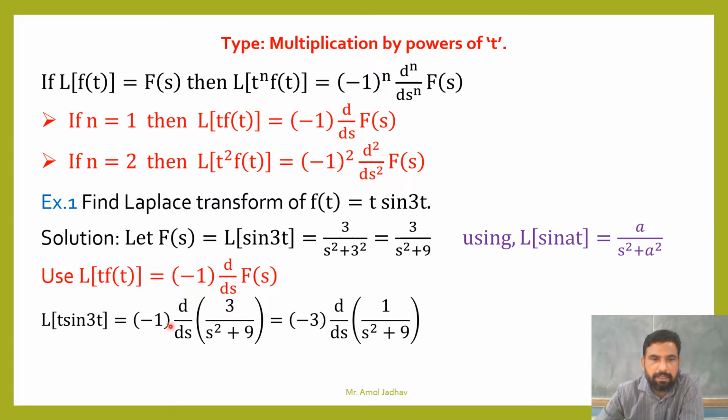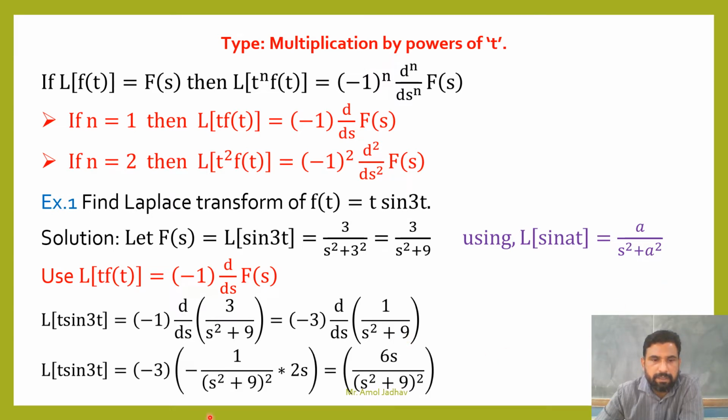Take 3 outside, then the derivative of 1 upon s square plus 9 is minus 1 upon s square plus 9 bracket square into 2s. After simplification we get 6s divided by s square plus 9 bracket square. This is the answer for the Laplace transform of t into sine 3t.